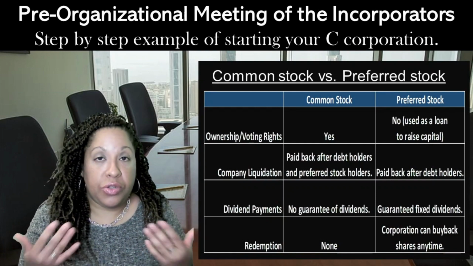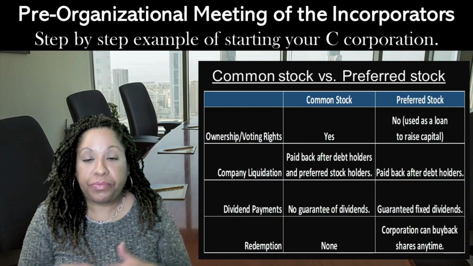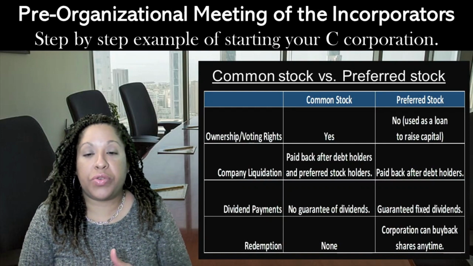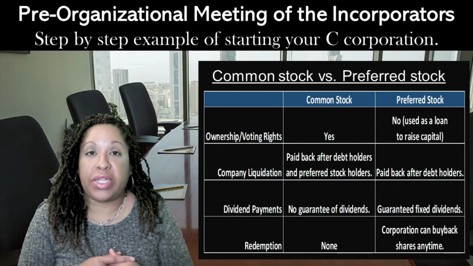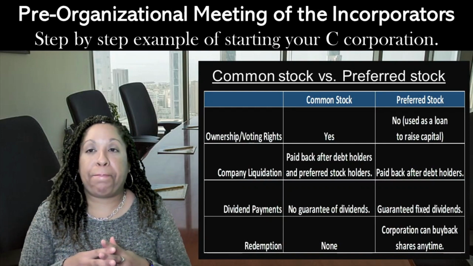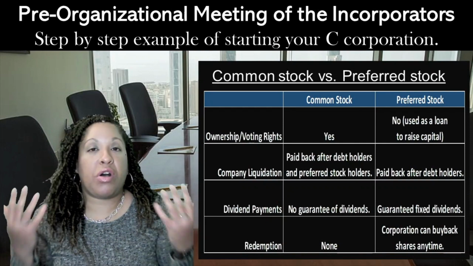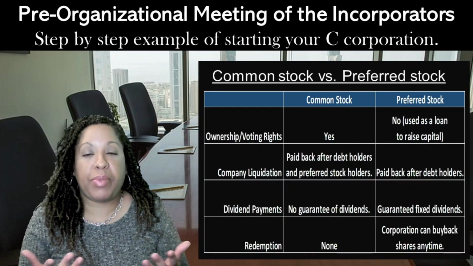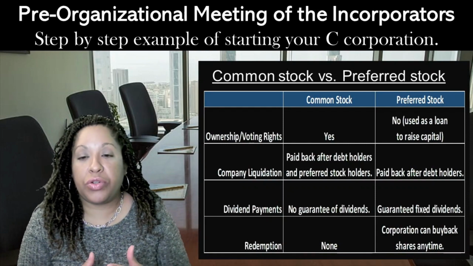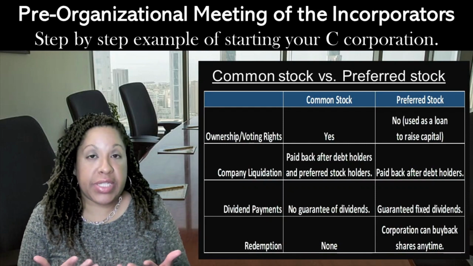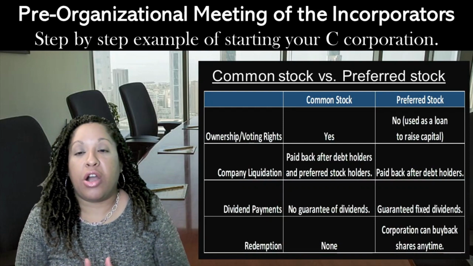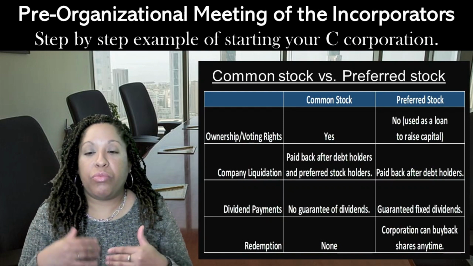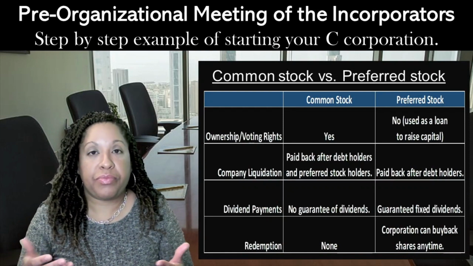When there is a dividend payment, common stock holders have no guarantee that they'll receive dividends. They're already the owners. Again, it's all based on certain factors that happen. But when it comes to dividend payments, preferred stockholders are given guaranteed fixed dividends, mainly because preferred stockholders are investors.